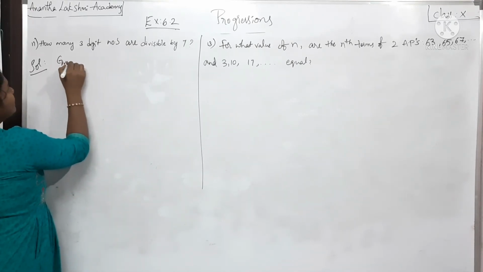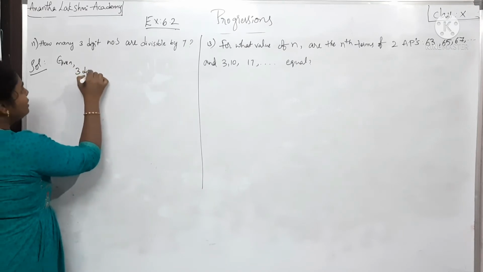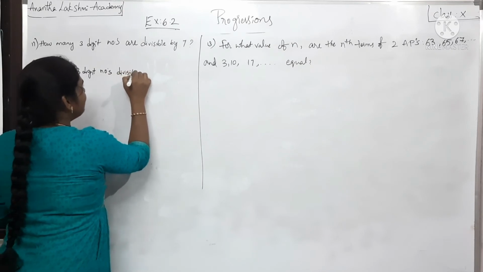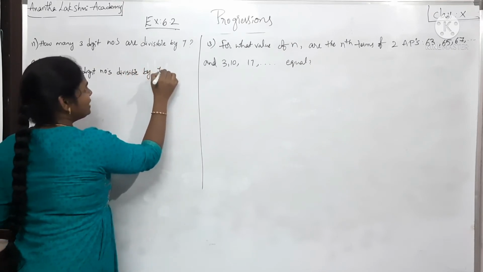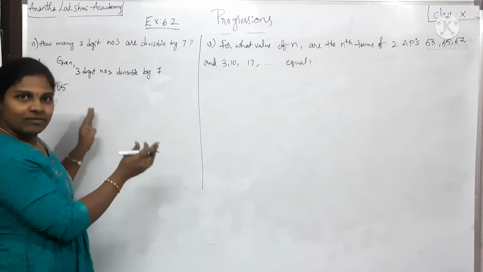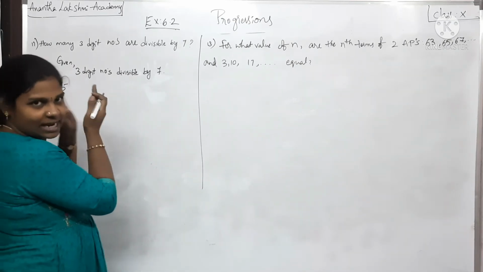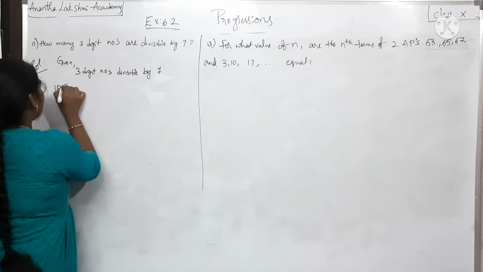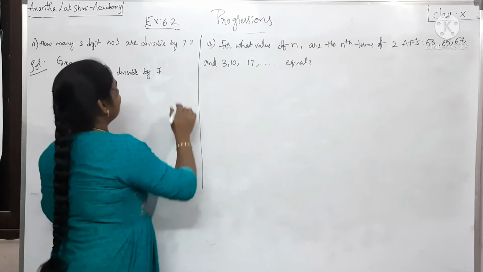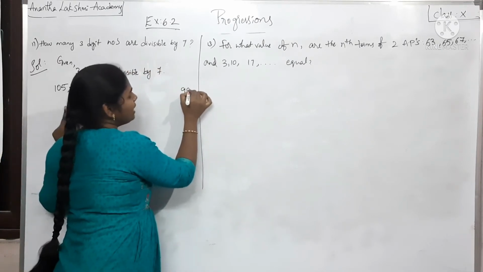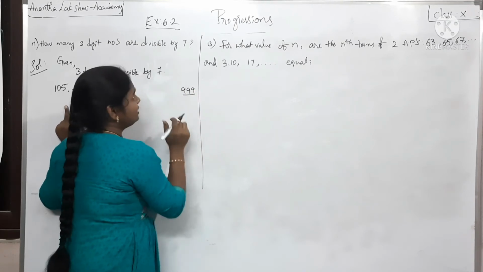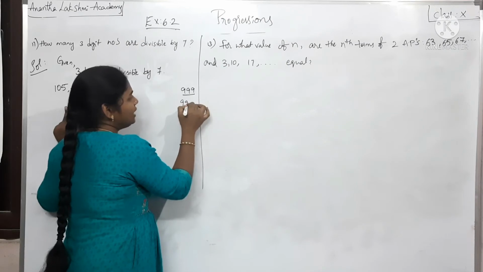What is given for us? 3-digit numbers divisible by 7. So what is the first number I told you? 105. Why did I take 105? Even before that, 7 multiplied gives 98, which is not a 3-digit number. And if we go on, the last 3-digit number is 999, right? Even before 999, the number which is divisible by 7 is 994.